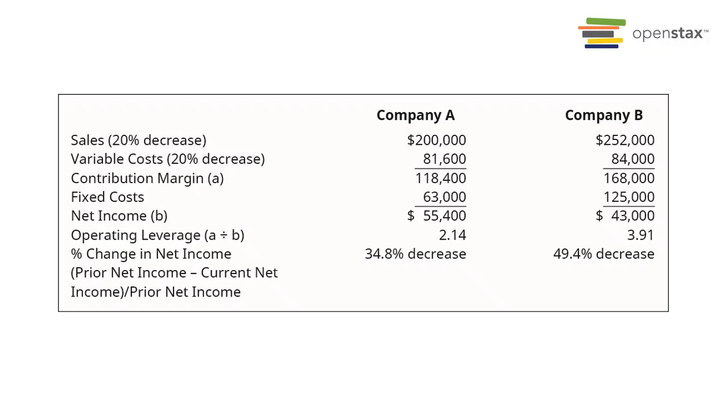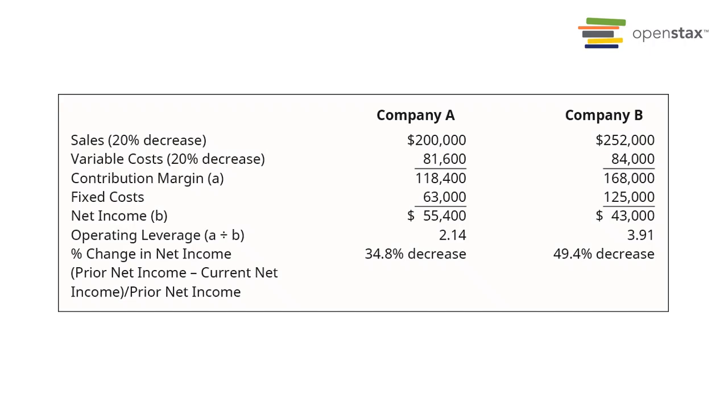Then we take that difference in net income from where they were on the previous slides to where they are. And we can see that for company A, they've now had a 34.8% decrease in their net income as a result of a 20% decrease in sales. So pretty elastic in terms of what they're able to generate as an income. But look at B. B has actually taken a much bigger hit.